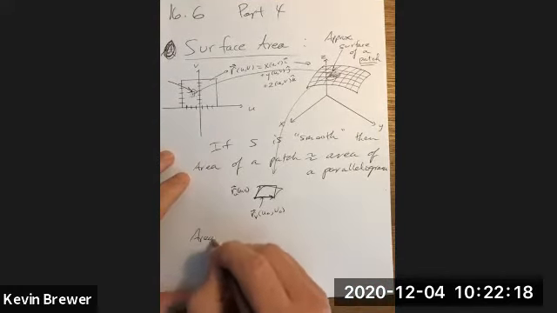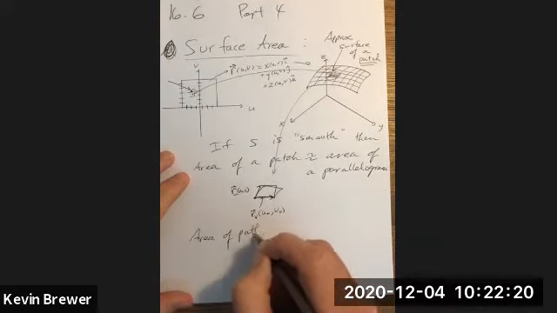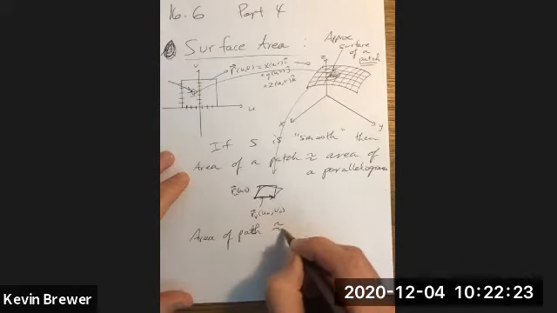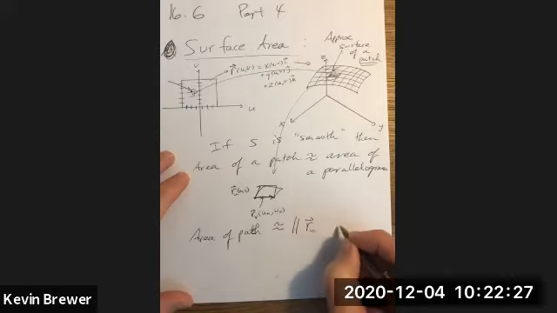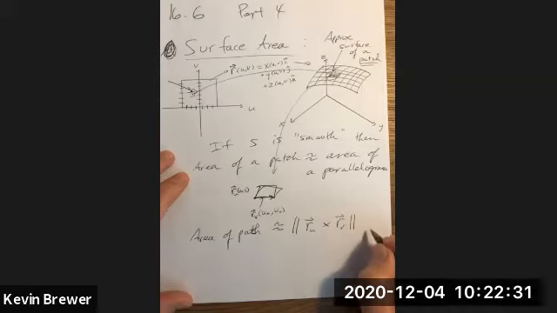So the area of a patch is approximately the magnitude of R sub u cross R sub v at that point.